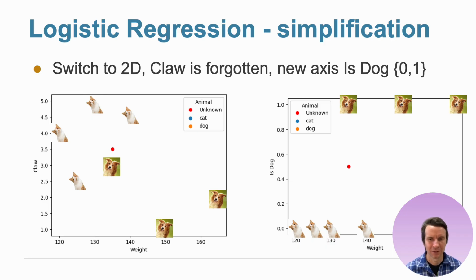That's on the x-axis, and on the y-axis is whether this animal is a dog or not. Instead of 2D, we just do 1D because it will show a little bit better what is happening. So how does the classification look like? And then the unknown point is somewhere there in the middle.